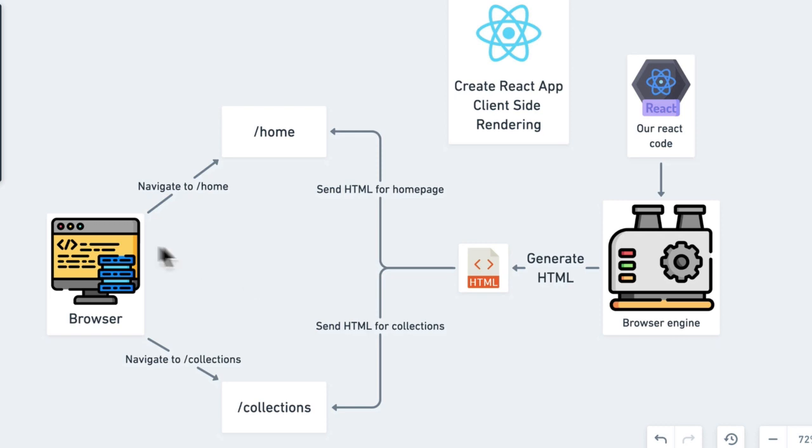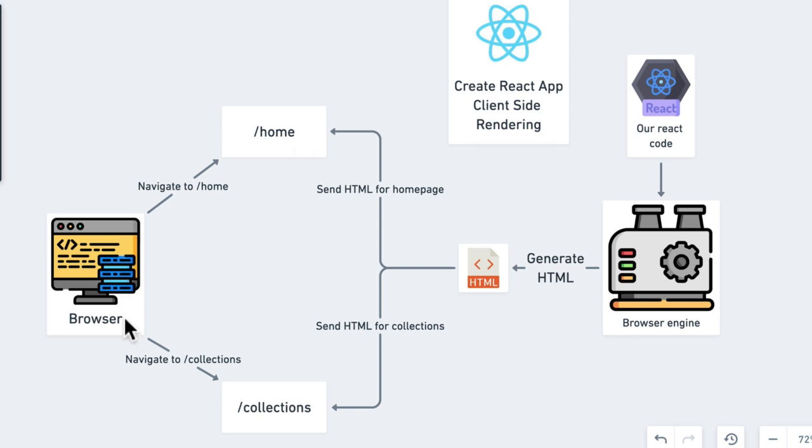So if you were to see this browser here, when the user navigates to the home route and then loads up the home component, what happens is that the React code that we've written is built and passed to that user's browser engine. Now, that engine will end up being the one that actually generates the HTML required for that homepage and then loads it up onto the browser.